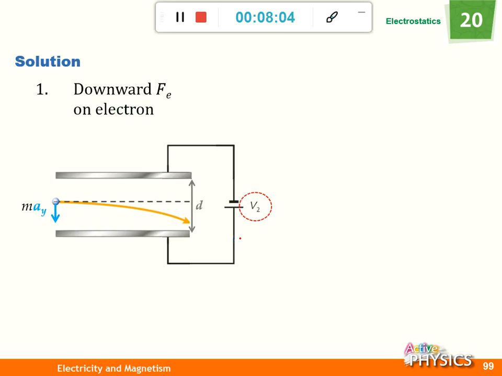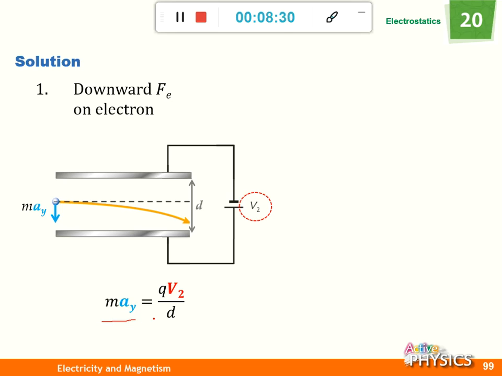Now, solution. V1 and V2. Look at this: V2, downward. The electric force Fe on the electron should be m a_y, where a_y means the acceleration in the vertical direction due to the electric force. Remember, this is the force equation.